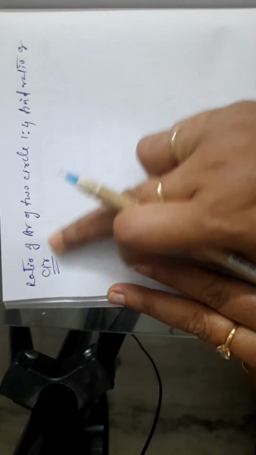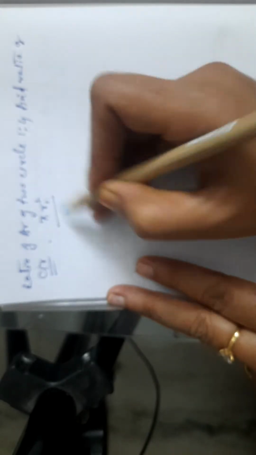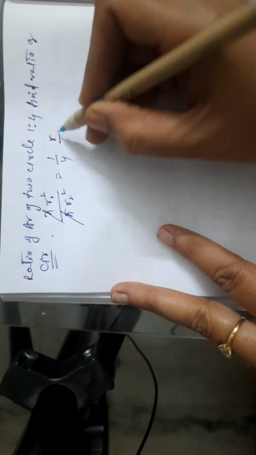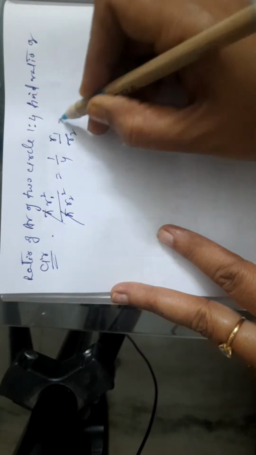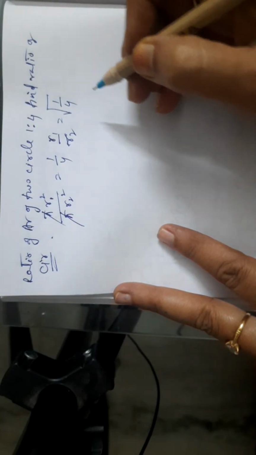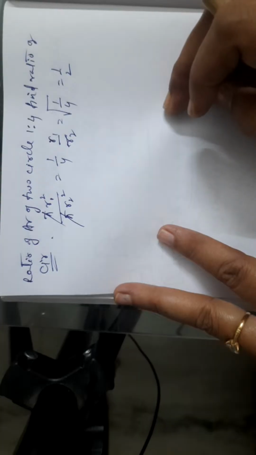So the ratio of area, as per the question, pi r1 square upon pi r2 square is 1 upon 4. So pi will get cancelled. We can calculate the value of r1 upon r2 as root over 1 by 4. So it's 1 by 2. Correct.